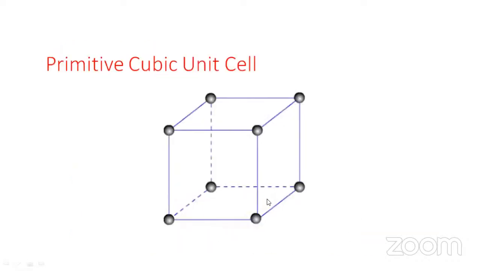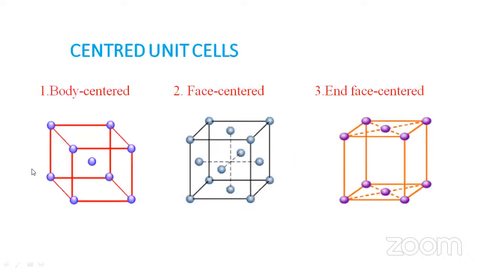So you can see in the primitive unit cell, the particles are present only at the corners of the unit cell. In body-centered, they are present in the middle of the unit cell. In face-centered, the particles are present at all 6 faces. And in end-centered, they are present above and below the plane.